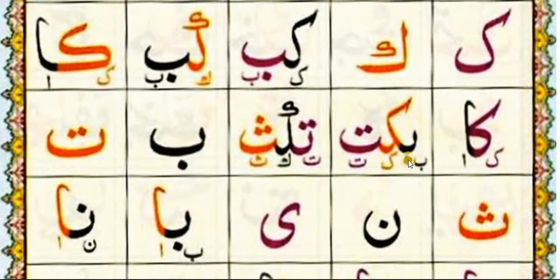Next is ba, kaf, ta. The first one is the short form of ba because it has one dot at the bottom. So it is ba connected with kaf, the short form of kaf.